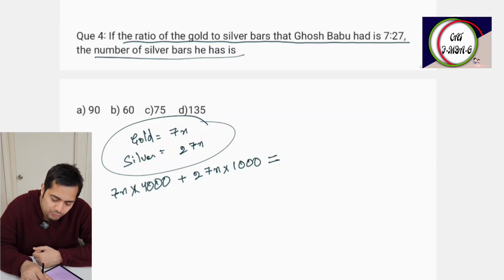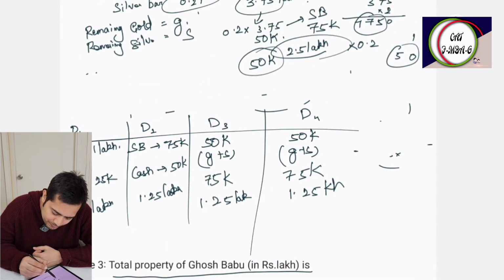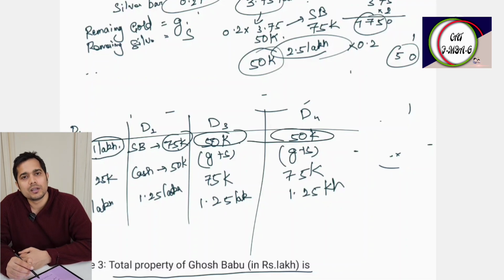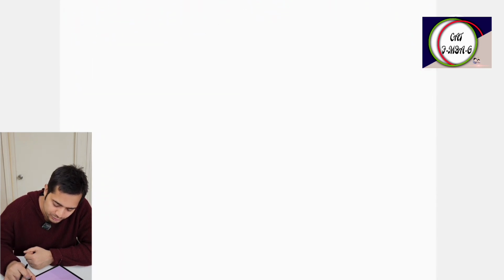And what was the total worth in gold and silver? Total worth in gold and silver was 1 lakh plus 75k, 1,75,000 plus 50k, 2,25,000 plus 50k, 2,75,000. This was the total worth in gold and silver, 2,75,000.